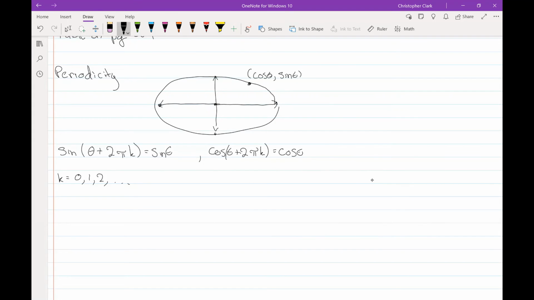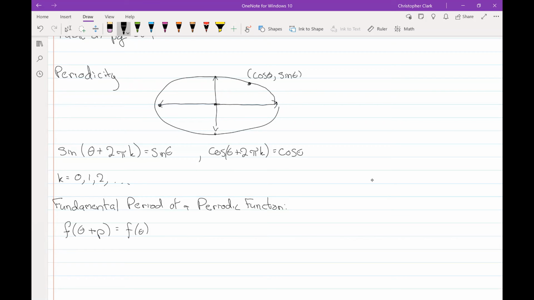So this helps us to define the concept of a fundamental period of a periodic function. So if f is some function such that there exists a p such that f of theta plus p is just equal to f of theta, right?